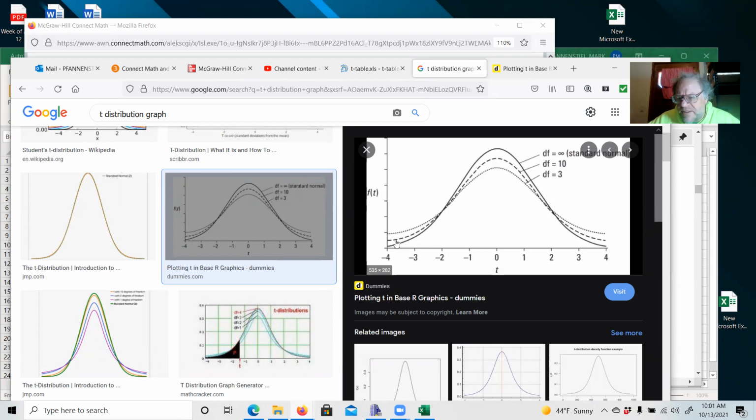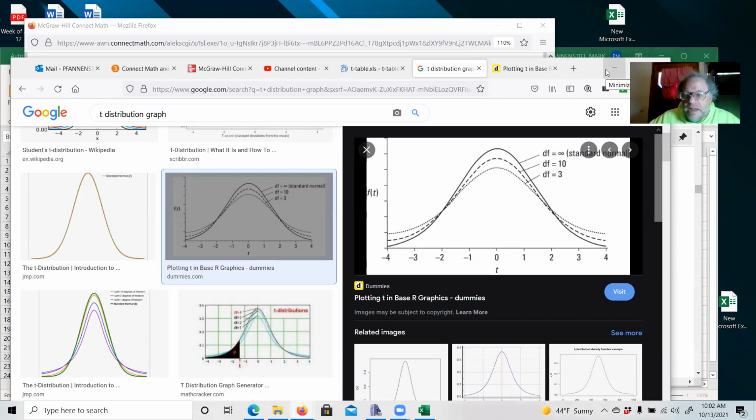Like, well, why does that have to be? Because the area is always 1. Okay, so when the degrees of freedom is infinite, it looks a lot like the normal distribution. Okay, so that's what we're doing with that one. All right, so it looks very much like the normal distribution, except there's more room in the tail. Okay, there's more room for error on the red side.